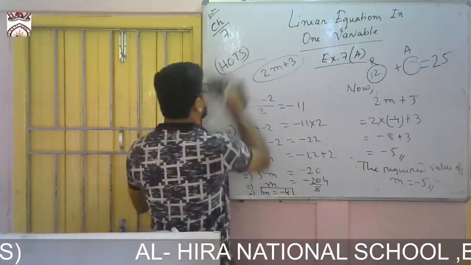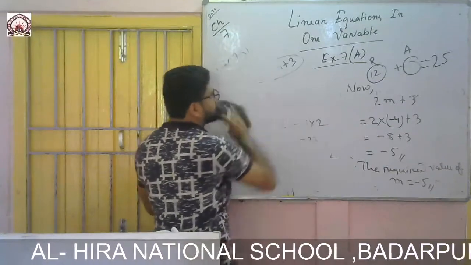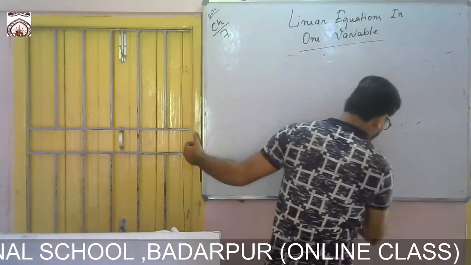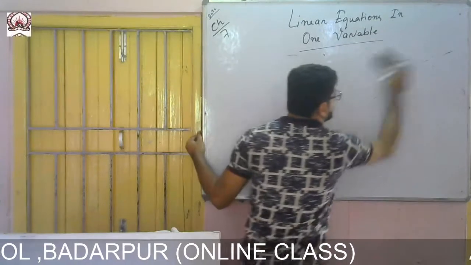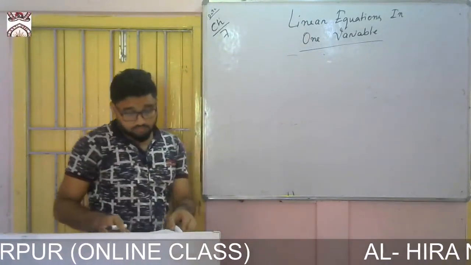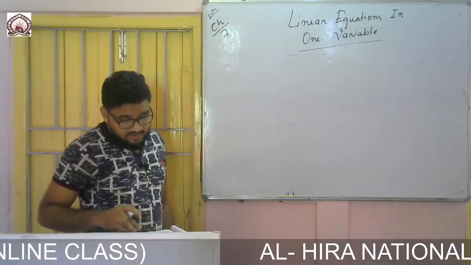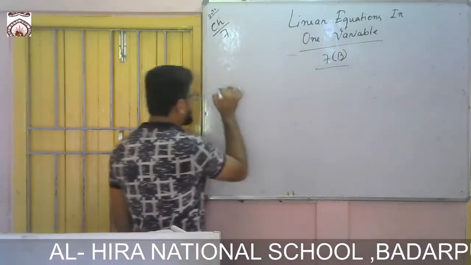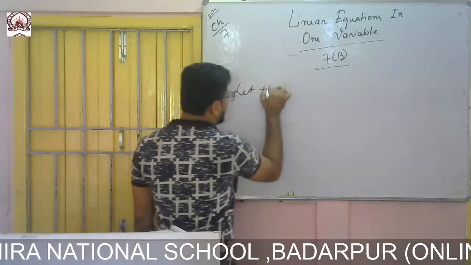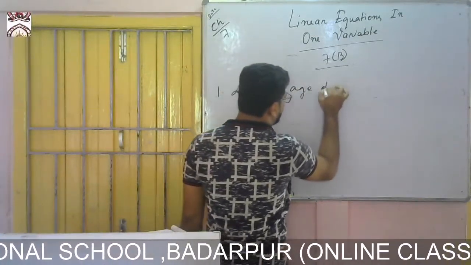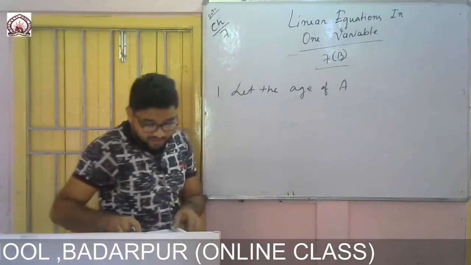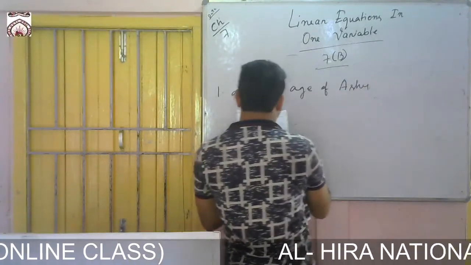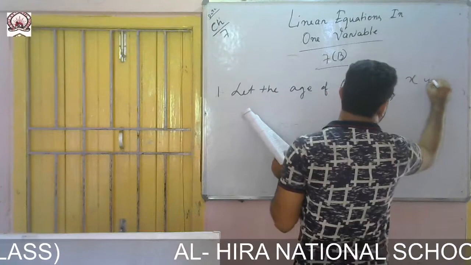So see how to write. Question number 1. Let the age of Ashu be x years.